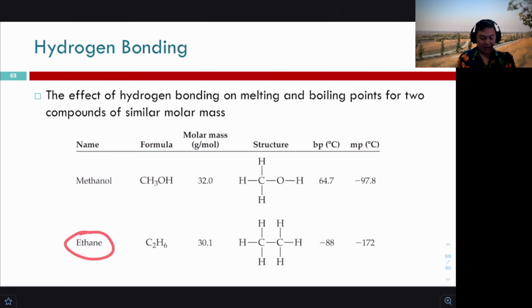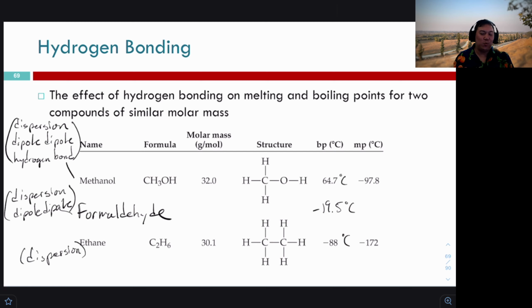And ethane only has dispersion. I think another way you can think about these is that dispersion forces are kind of like a glue stick in terms of how sticky they are, right? Glue sticks mostly work, but they're not great.